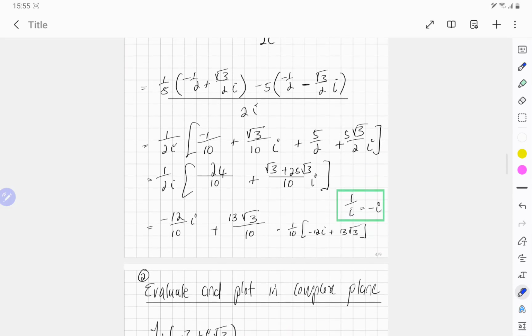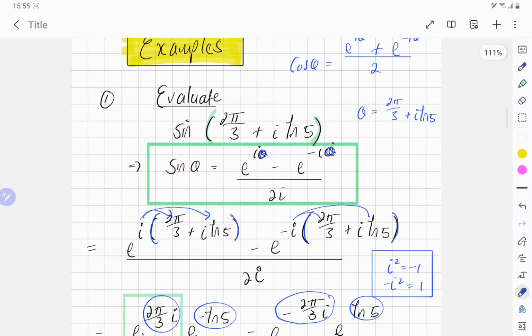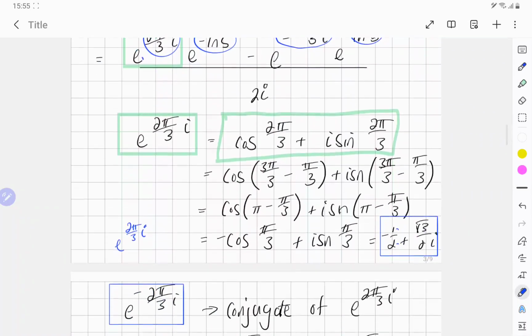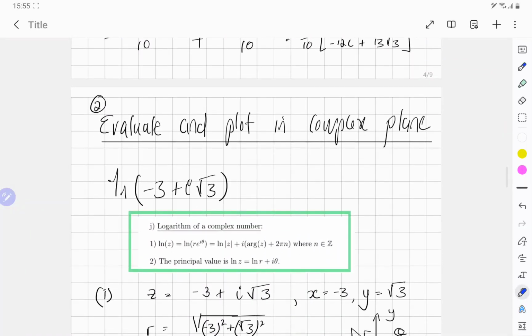So let's just recap what we did there. We did sine of a complex number because we have the real part plus the imaginary part. Now what we are going to do, we're going to do the ln of a complex number.